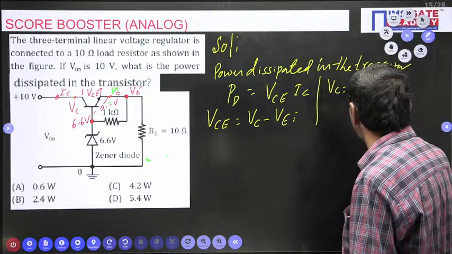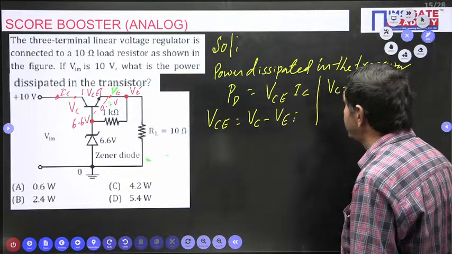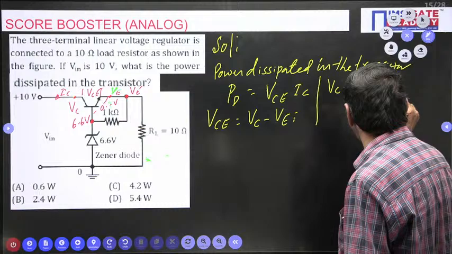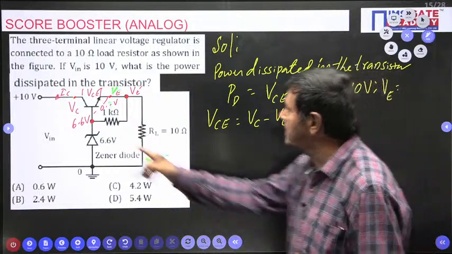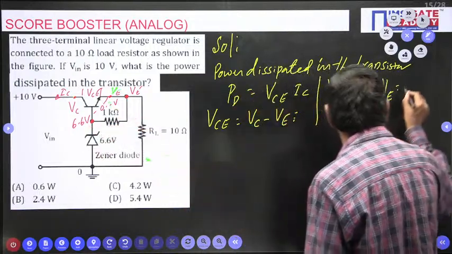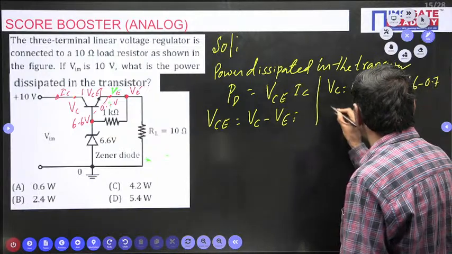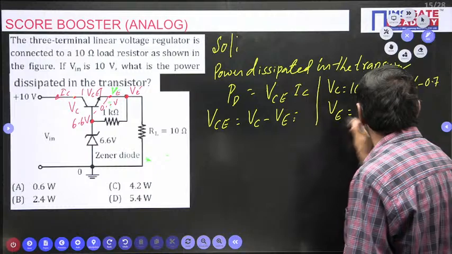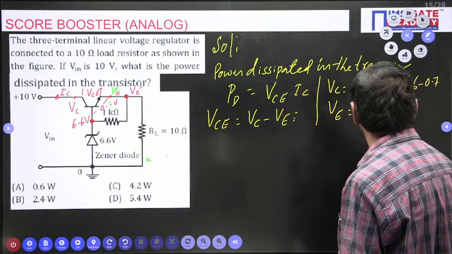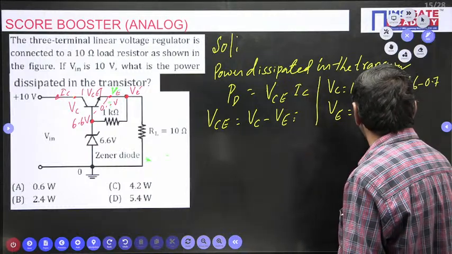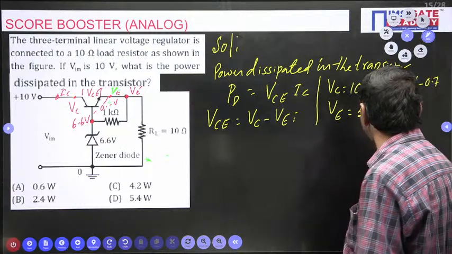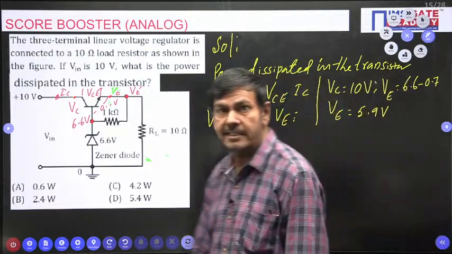What about the value of VE? VE is 6.6 minus 0.7. Finally, VE equals 5.9 volts.